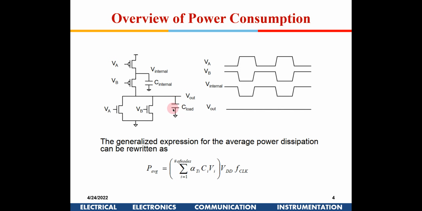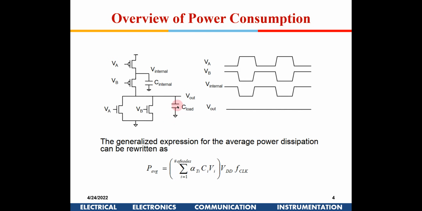When the output goes from high to low, that stored energy is dissipated as heat in the NMOS. Only when the load is being charged to high is power drawn from the power supply.